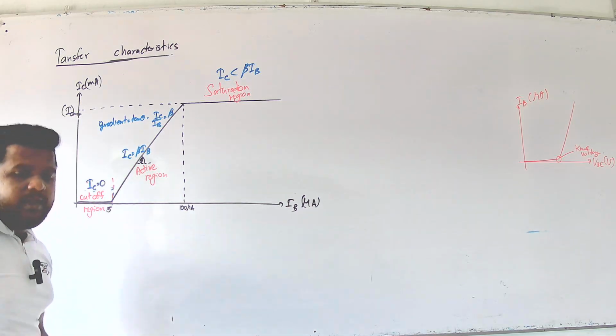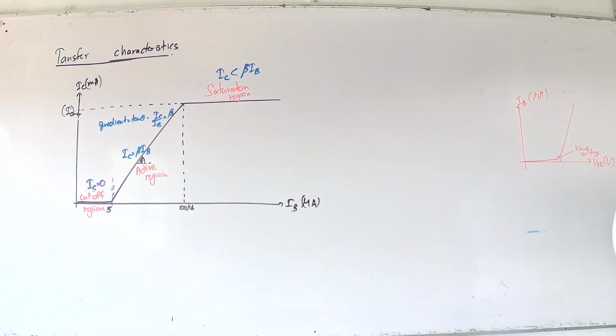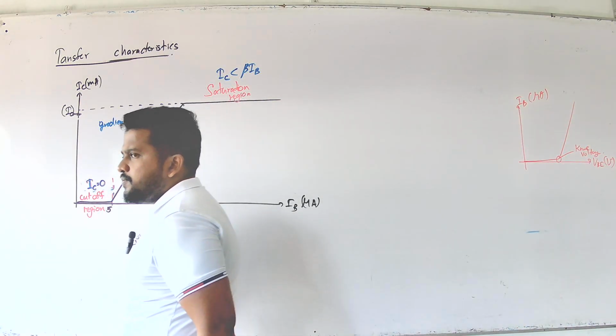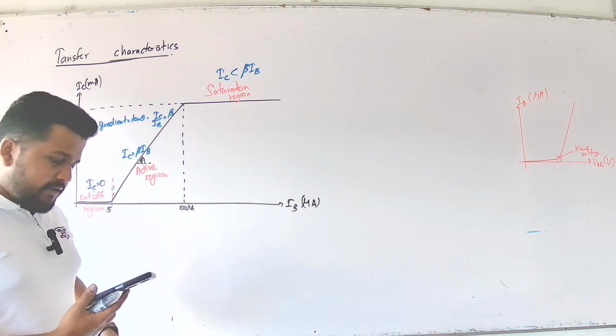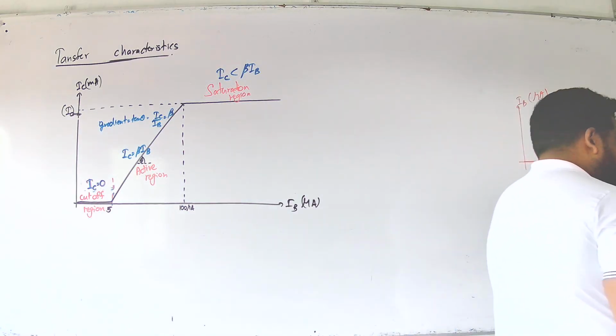When IB equals 0, IC takes a very small value close to 0.